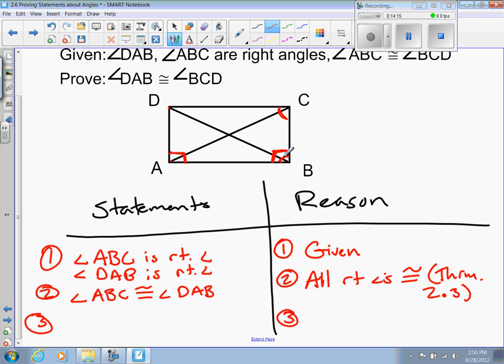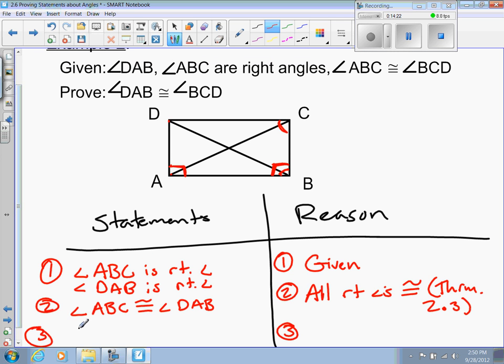So now I have this angle is congruent to that. I'm going to use my third given. See if I can scroll up just a little bit. My third given, angle ABC is congruent to angle BCD. That was this given up here.